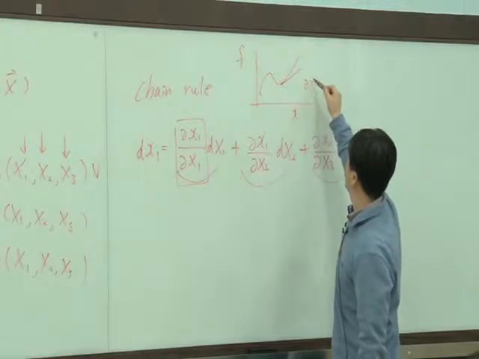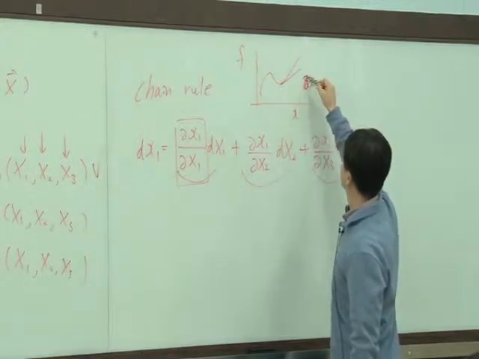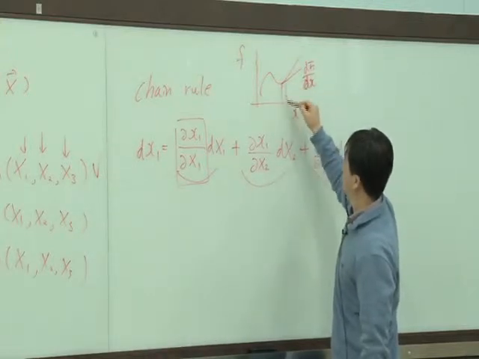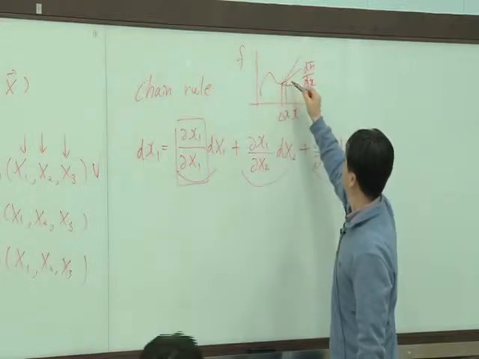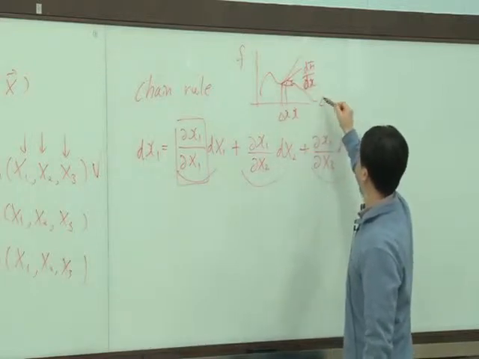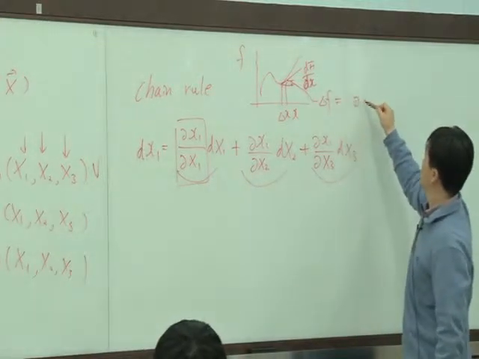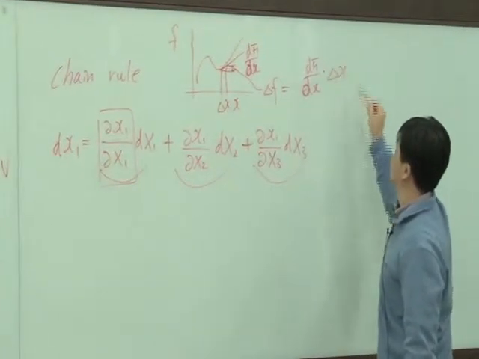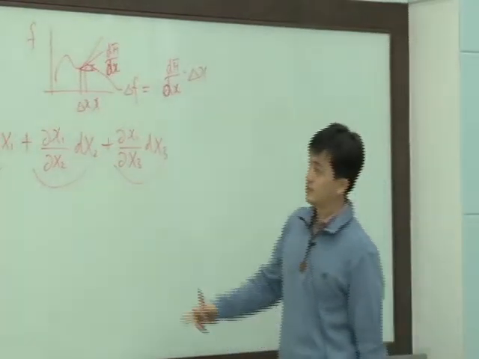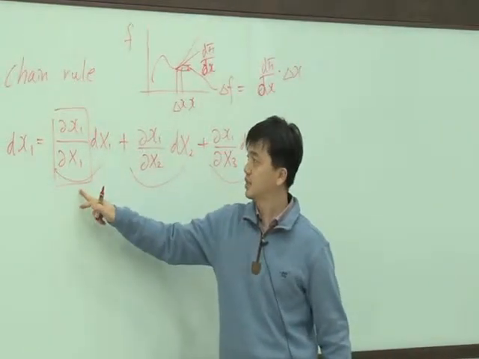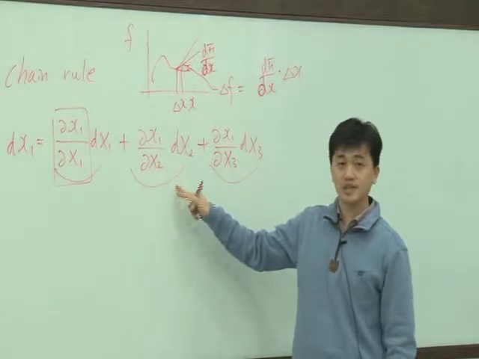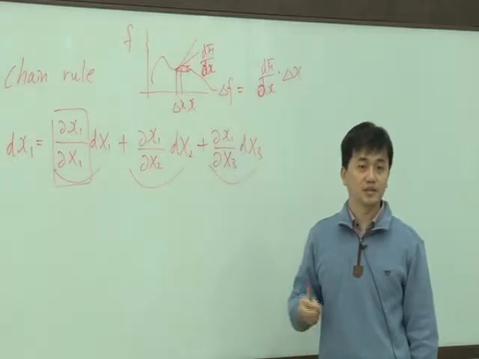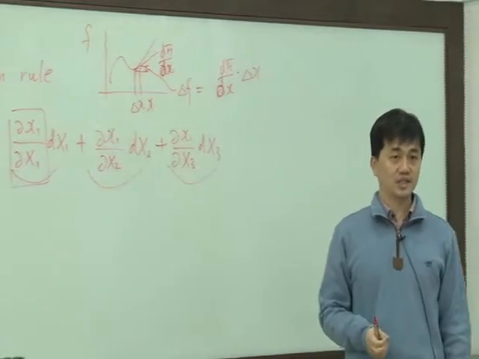Slope means partial df by dx. And if I multiply this slope by delta x, you can find delta f. Delta f equals df/dx times delta x, right? So this is some small increment in the X1 direction. This is the X2 direction, X3 direction. This is a very well-known chain rule, and we can understand this equation physically, right?